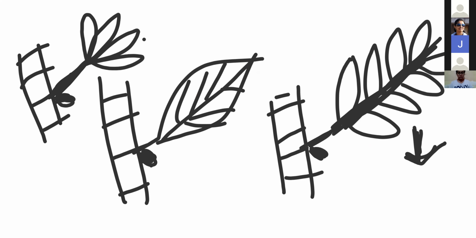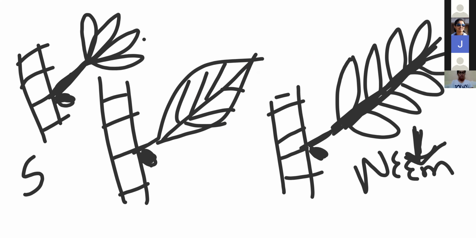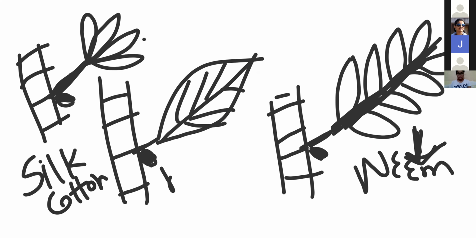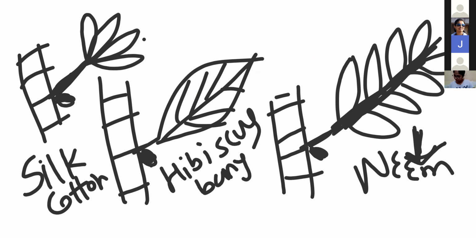Pinnately compound and palmately compound. See, simple leaf examples: hibiscus, China rose. Pinnately compound: neem. Palmately compound: silk cotton. Hibiscus, banyan, peepal, these all are simple leaf, right?